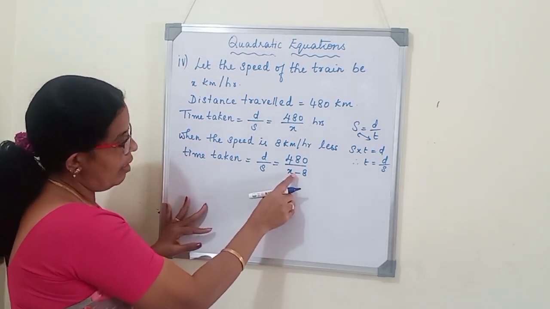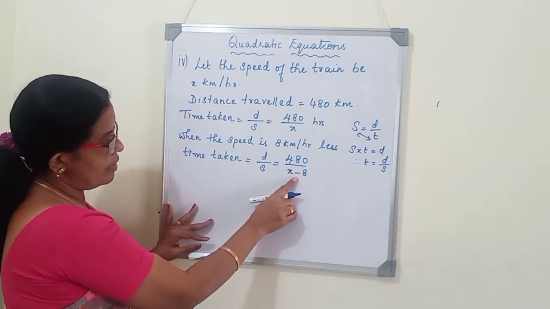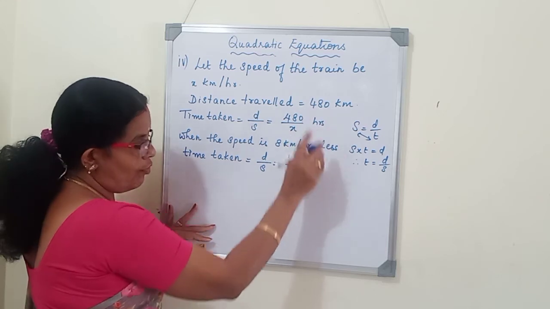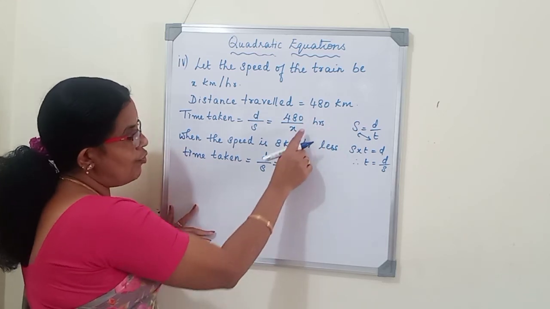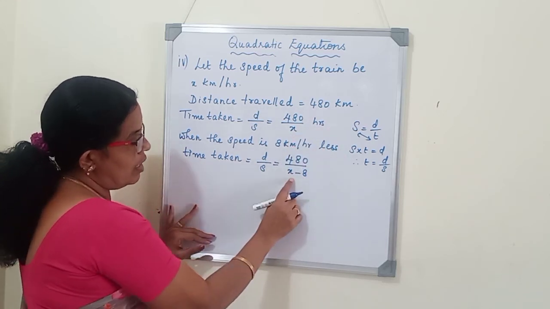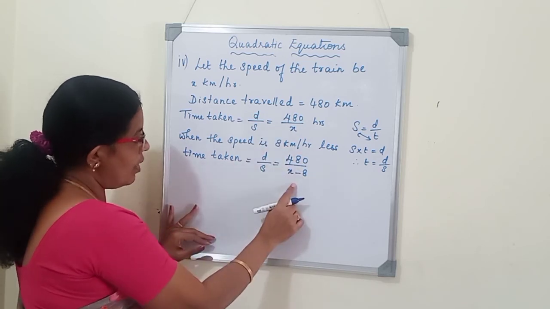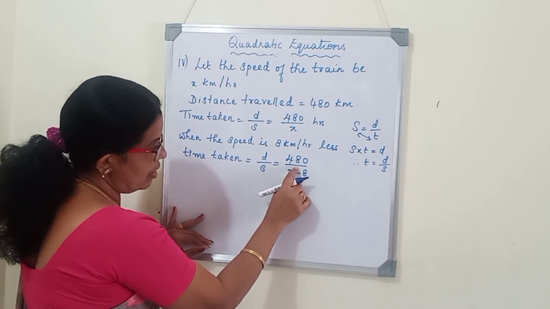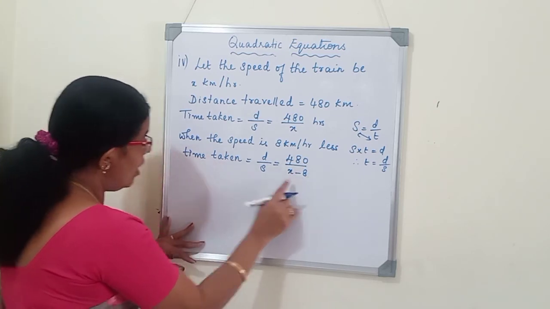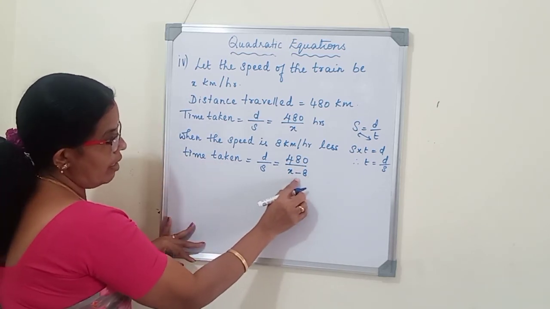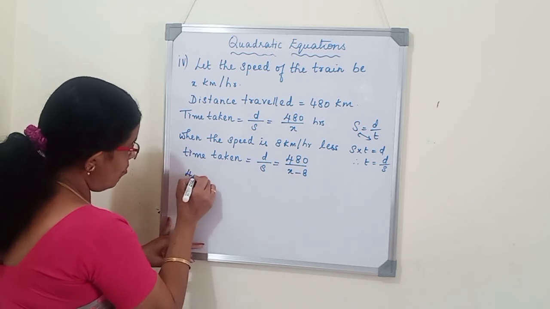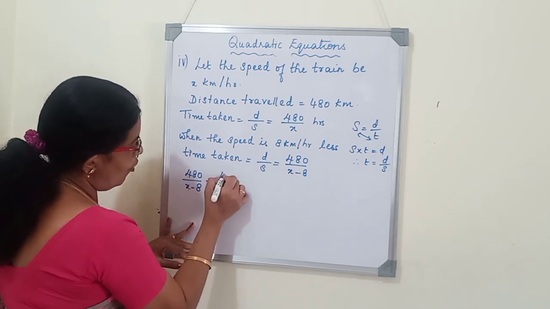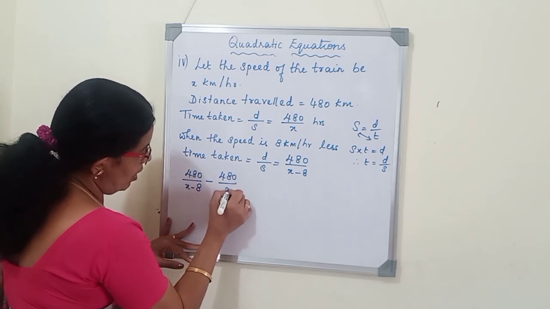They told us that when the speed is reduced by 8 km per hour, the train will take 3 hours more to cover 480 km. So to form the equation, we have to see that both are times. When the speed is less, it will take more time. So the bigger time is the term whose denominator has the smaller value.